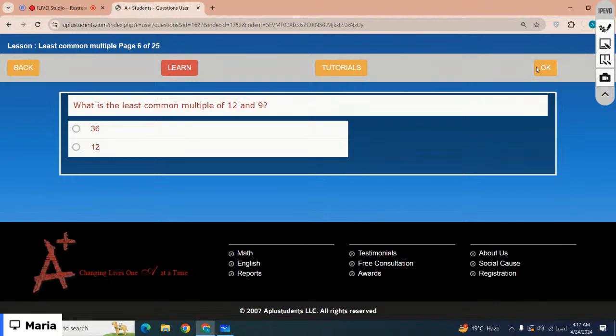What is the least common multiple of 12 and 9, which is the correct option? Thirty-six it is. Option number 1 is the correct option.